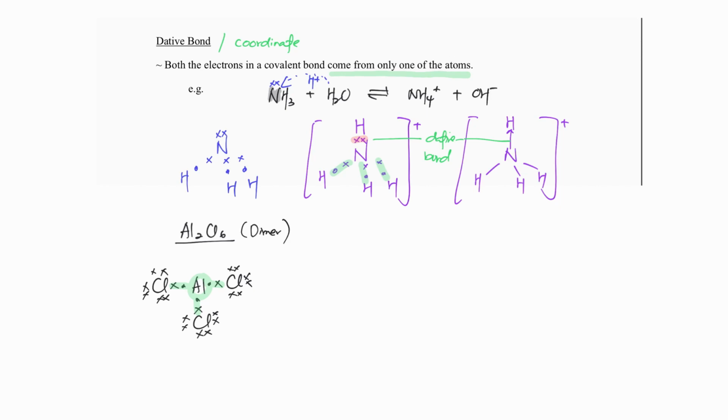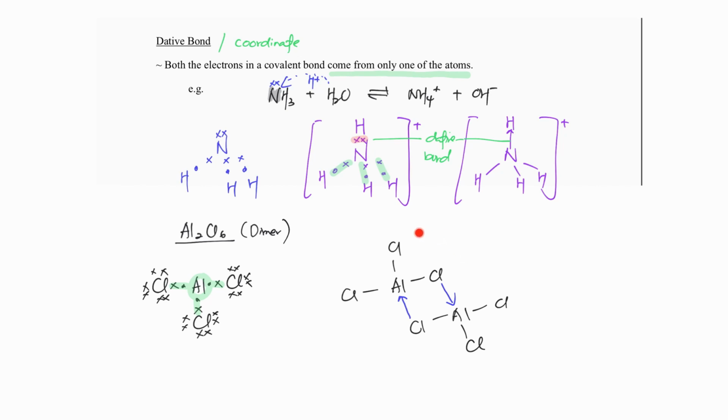So what happened here? One AlCl3 approaches another AlCl3, so easily the aluminium will accept the lone pair from the chlorine, and it accepts the lone pair from another chlorine. So they will form two dative bonds.